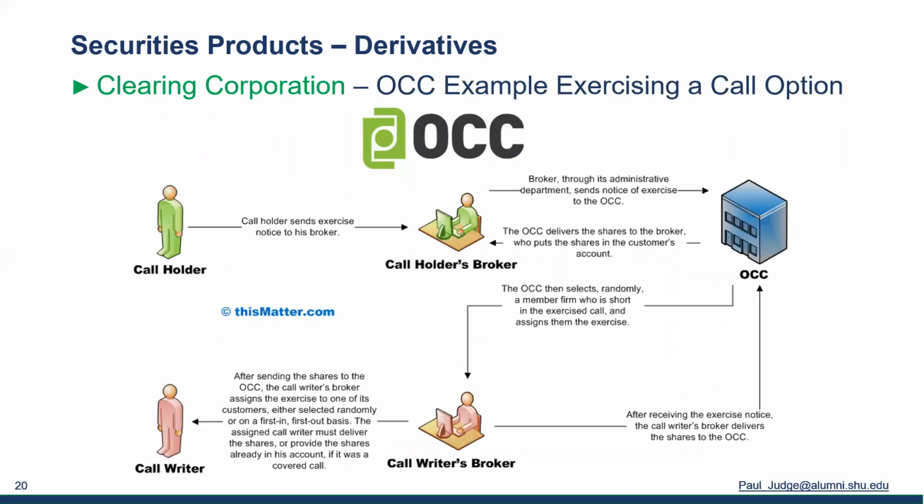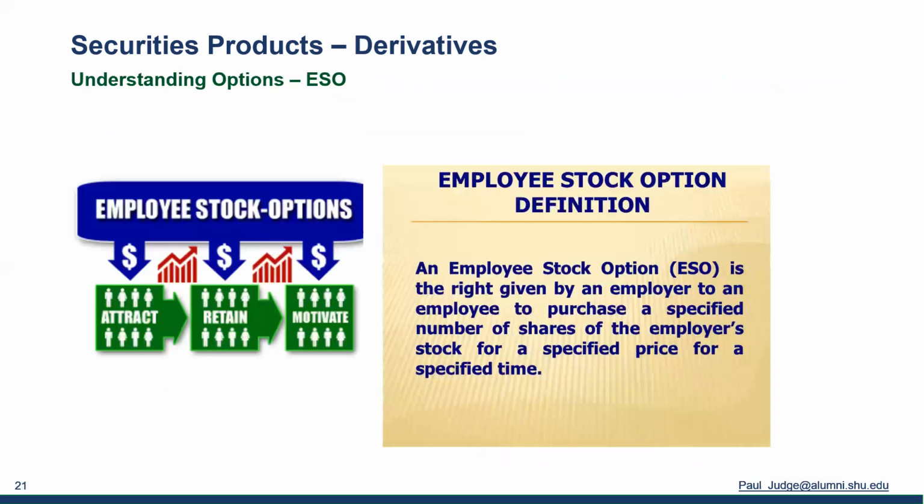Then later, if the options are in the money, the OCC handles the clearing of that. The OCC assigns it out, and the person you bought it from is not necessarily the person it will exercise against. It gets assigned randomly by the OCC, who then handle the transaction and settle it, clear it.